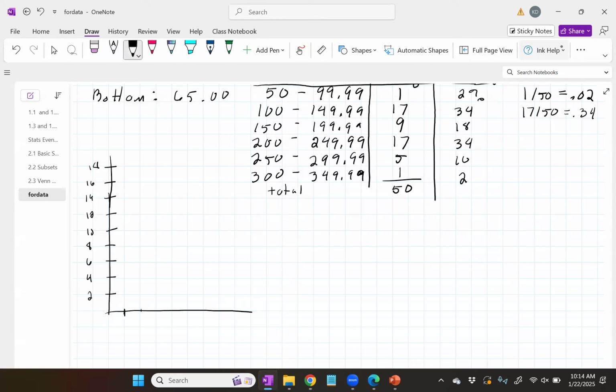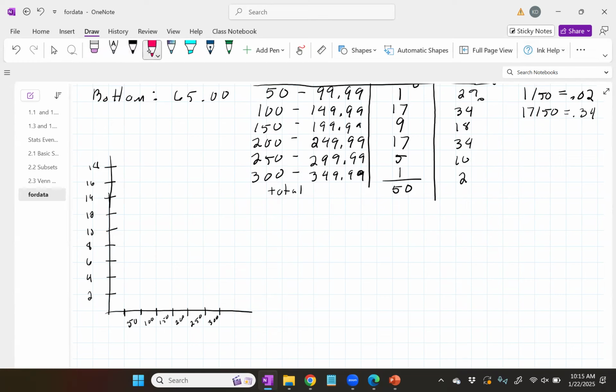So my first bar here is 50, 100, 150, 200, 250, 300. You probably can't see that from far away on the screen, but if you look at the notes later, you should be able to.